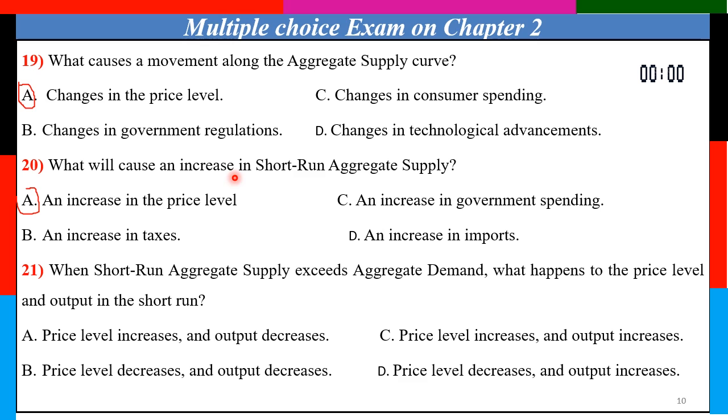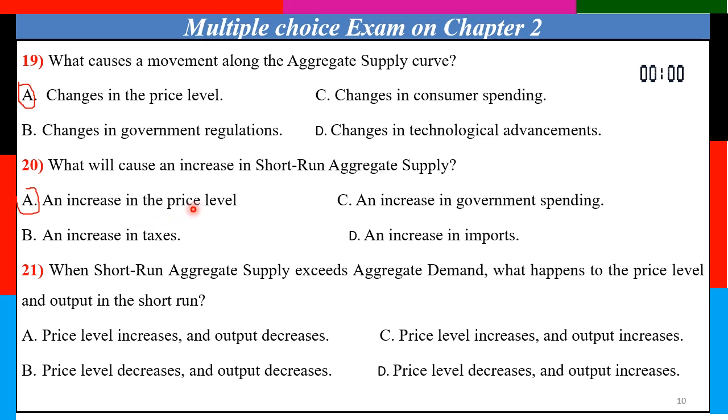In the short run, aggregate supply is increasing due to an increase in the price, because there is a positive relationship between the price and the aggregate supply. When the price level goes up, aggregate supply also increases. When the price level decreases, aggregate supply also decreases.